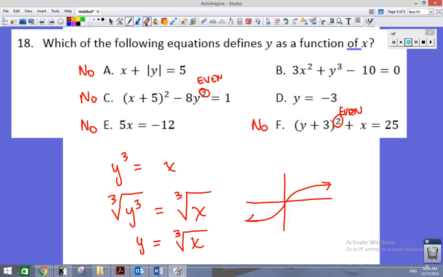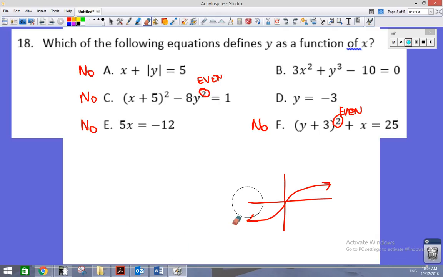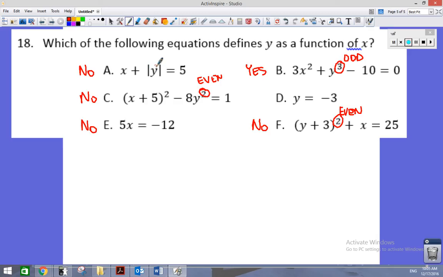So we know that when you have an odd exponent on y, it's not going to lead to a plus or minus symbol. It's always going to be a function. Well, I shouldn't say always, because if we look over here, this y to the first, that exponent on y was odd, but our absolute value kind of trumped that.